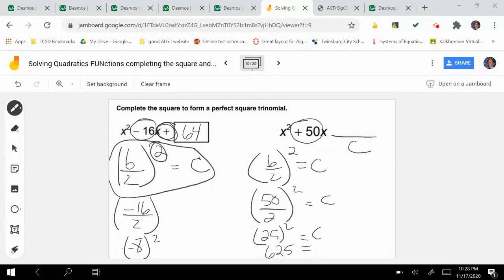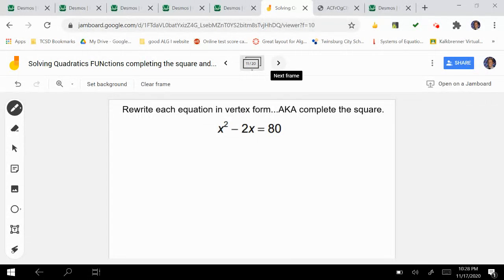Good, I heard it in the back there. All right, that's for you, Bova. So now I get 625 as that c value. And of course, it's positive because the only way to get this to be a perfect square trinomial is if the c value is positive, because a negative times a negative is a positive, and a positive times a positive is positive.